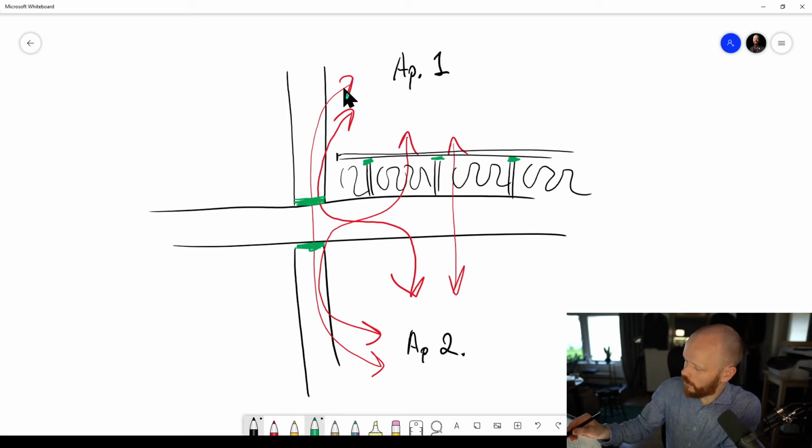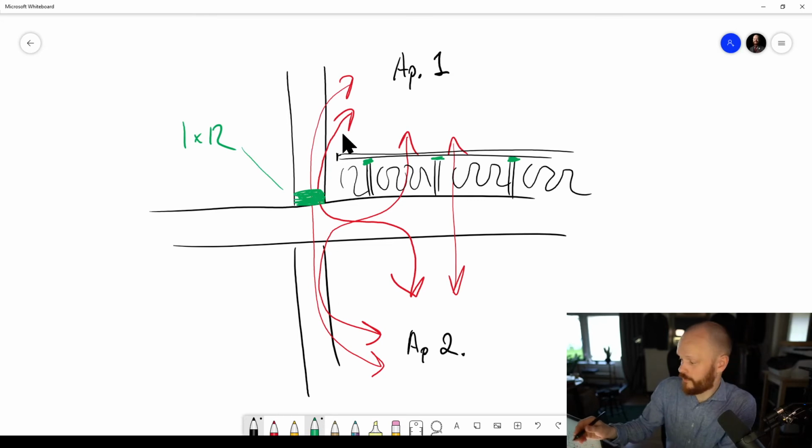So this path goes through 2 elastic interlayers. This one only goes through 1. So if you put 1 × 12 instead up here, then both of these transmission paths have to pass through 12mm of elastic interlayers.